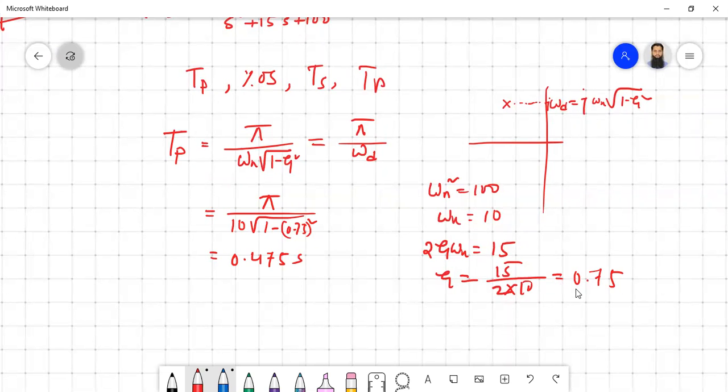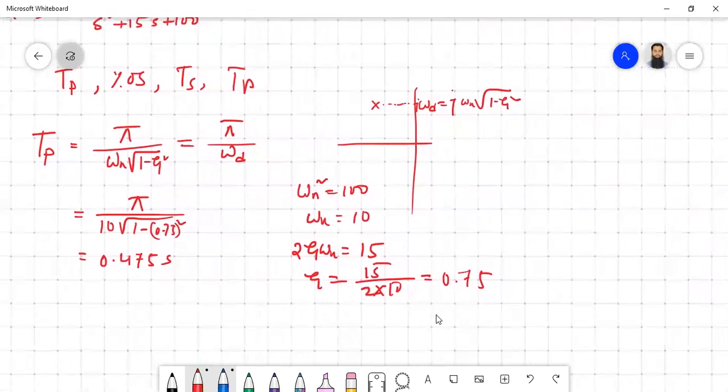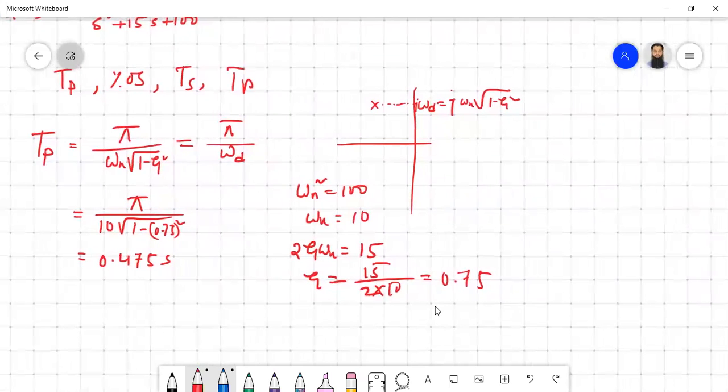The next thing is finding the percent overshoot. The formula for the percent overshoot is e to the power minus zeta pi by root over 1 minus zeta square, into 100.